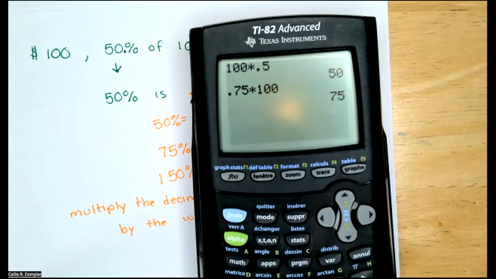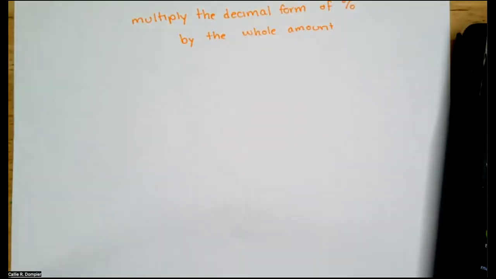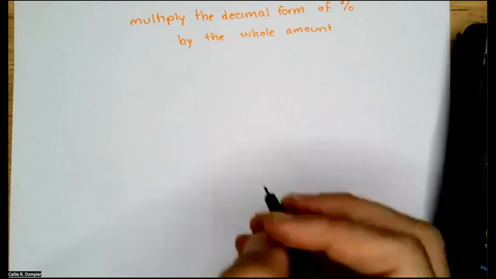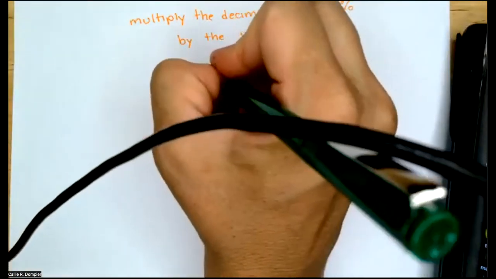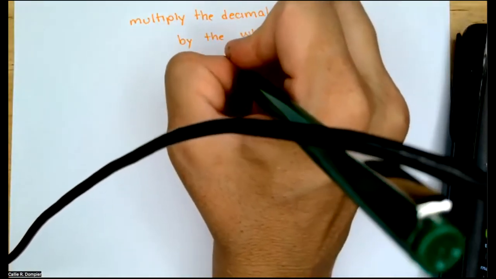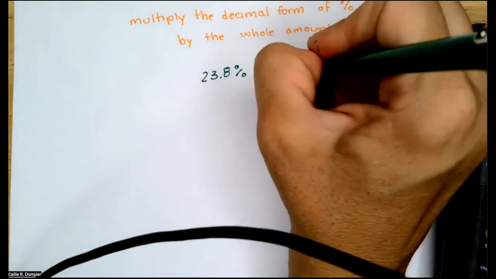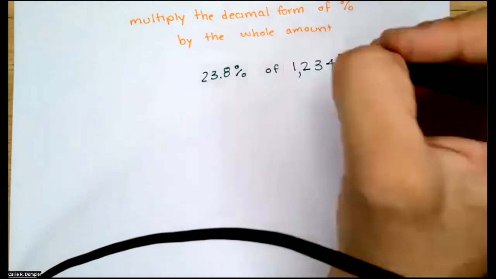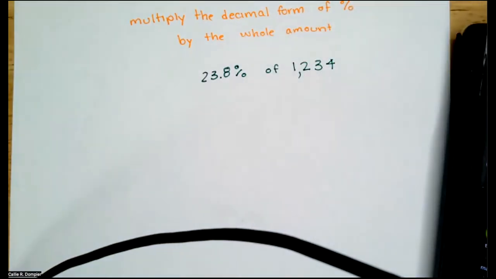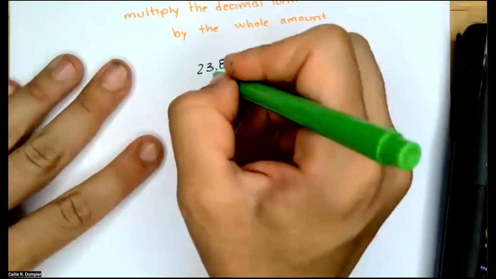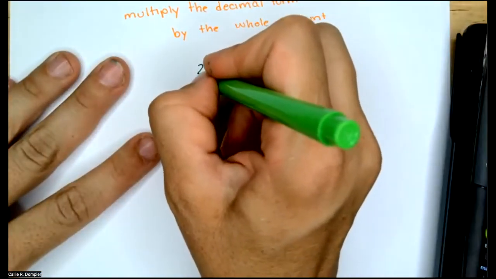So if I said, what is 23.8% of 1,234, right? If you don't know how to do it, that would be very confusing. But remember, you take that decimal point, you move it over 2.